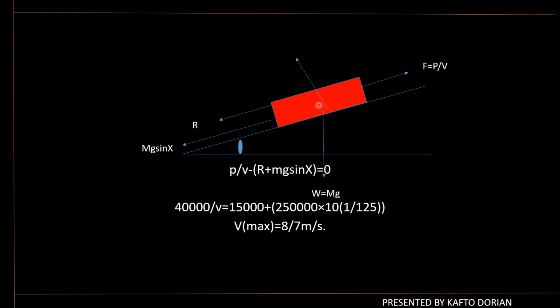The center of this mass downward is the weight, the normal reaction, and there is a force acting here and a force acting here. How have I gotten the force that is acting downward, as you are seeing from this diagram?